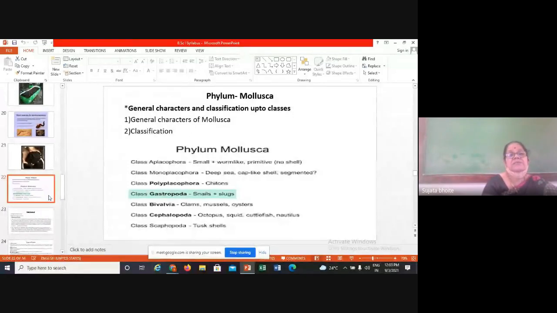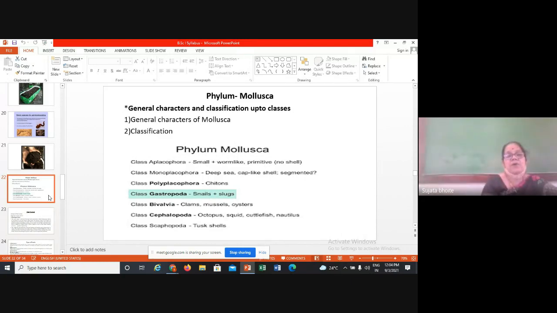The first point, general characters of the Mollusca. Different characters are present. Classification: they are divided into different classes. Class Aplacophora, there are no shells present. Class Monoplacophora, deep sea shells, segmented animals are present in that class.